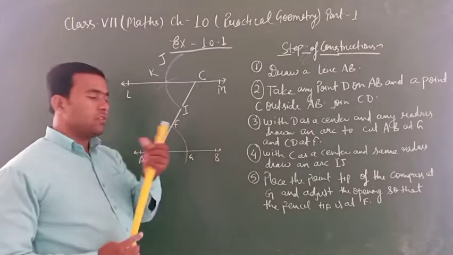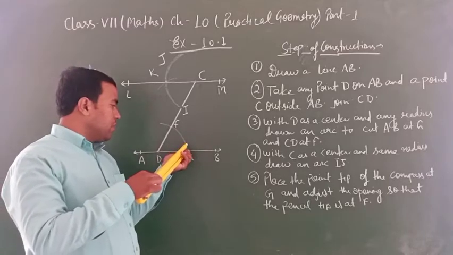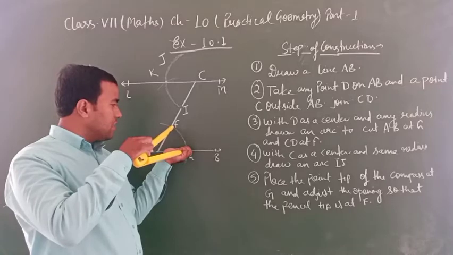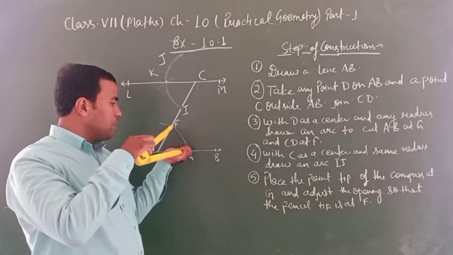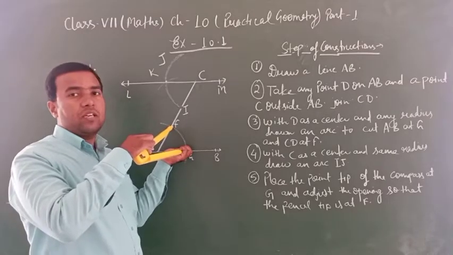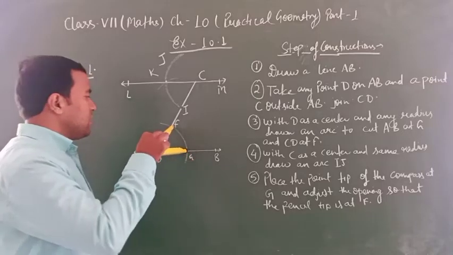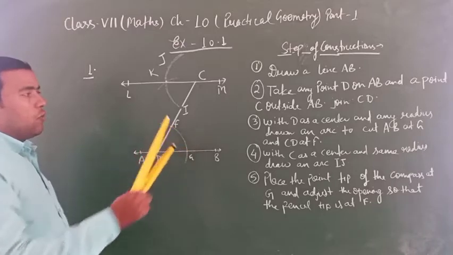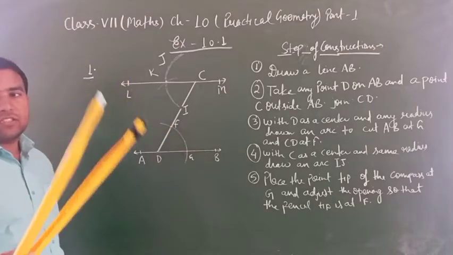This is like this. Clear? Then we will keep the tip of the compass here and adjust the opening so that the pencil tip is at F. Clear? So we will measure this from F to G. How much radius is there? This much radius is there. Clear?